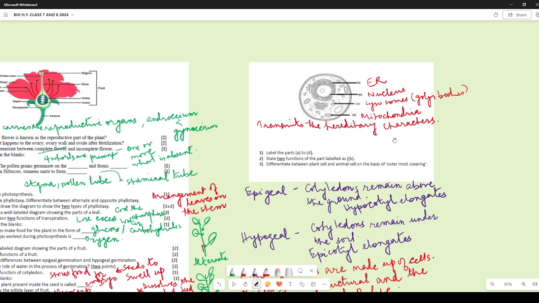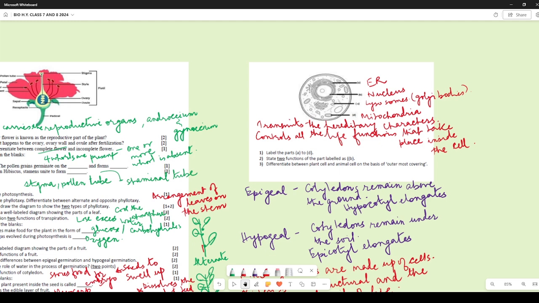Then it controls all the life functions that take place inside the cell. So it is like the control tower of the cell, the CPU of the cell.